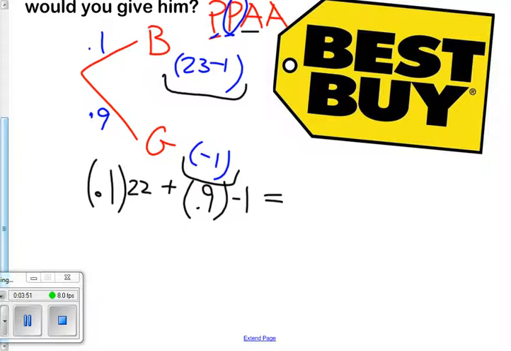What does that come out to equal? Anyone typing that in? So first we've got to do the multiplication and then we can add.